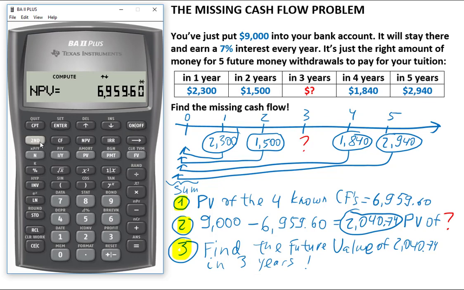Let us clear everything by pressing second, reset, the plus minus key, enter. $2,040.74, set it to a negative value, press the PV button, the present value.